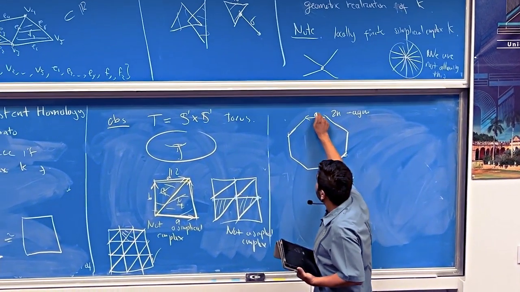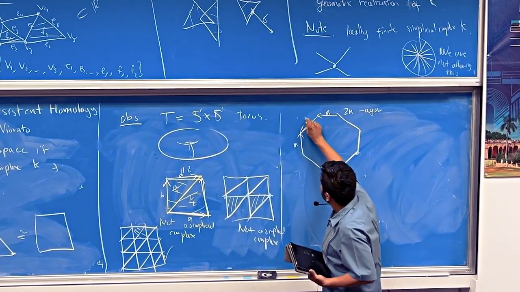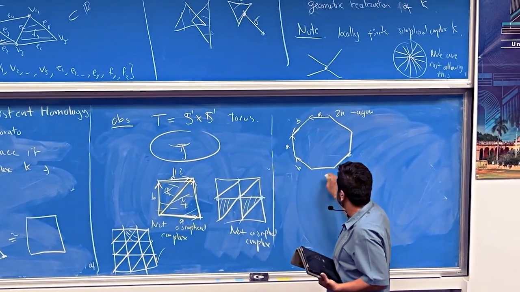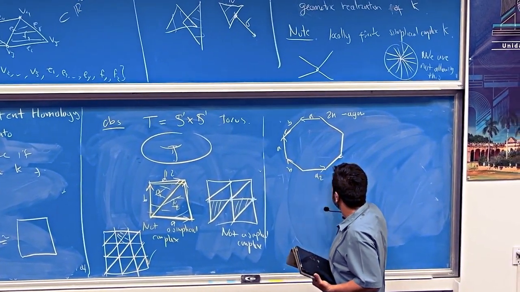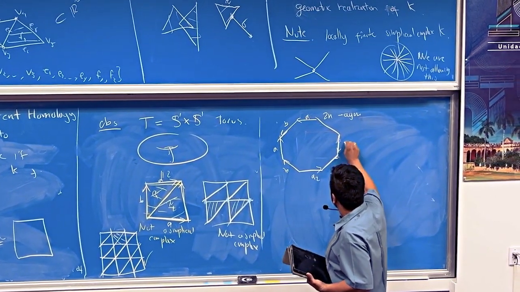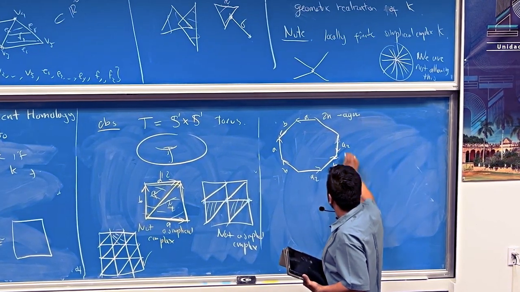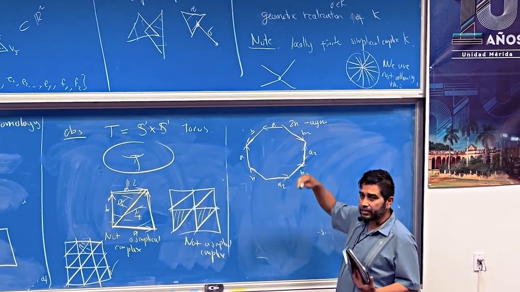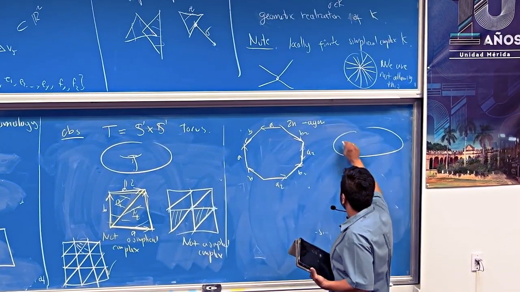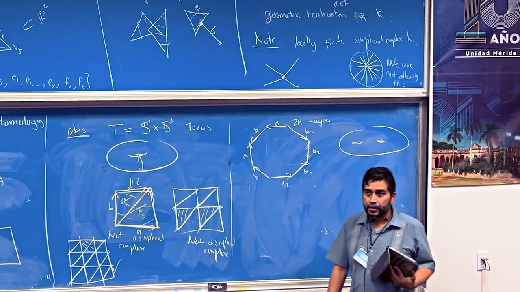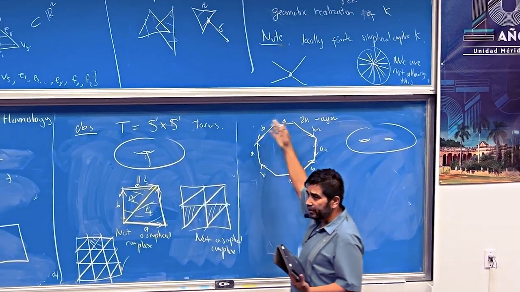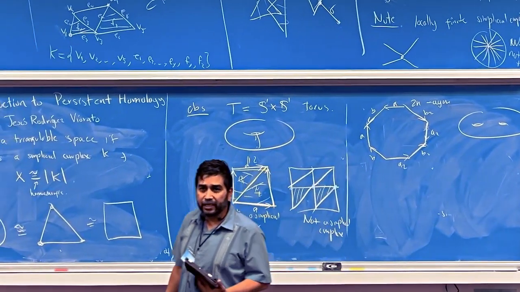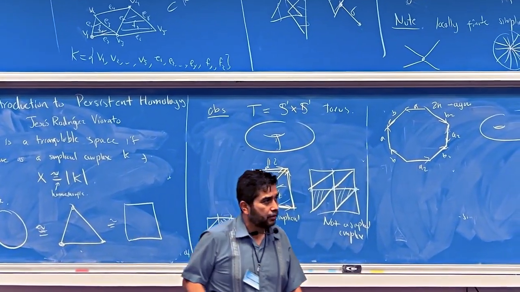And so you need to identify this side with this side, this side with this side, and A2 with A2, and B2 with B2. So you do all these identifications and you get this thing. And so you can start from here and start cutting in pieces and you will get a simplicial complex structure.